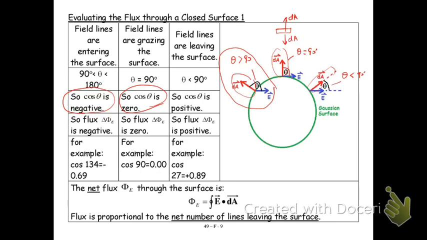And when I have my field line coming out, I have an angle that's less than 90 degrees, so I have a positive cosine, which is positive flux. So you can look at any Gaussian surface, and if the field line is going in, that's going to be negative. And when the field line is coming out, that's a positive flux.